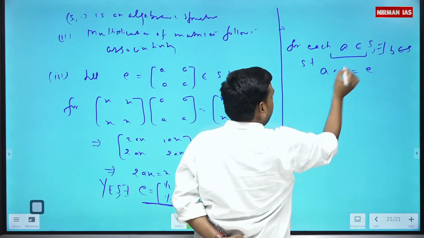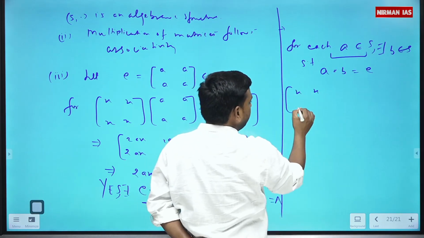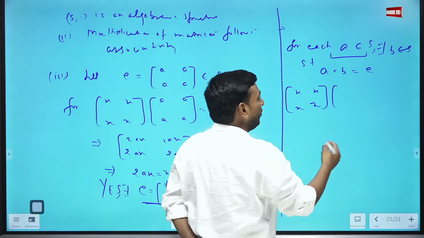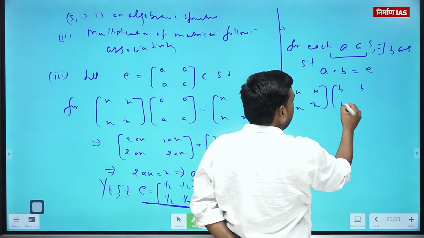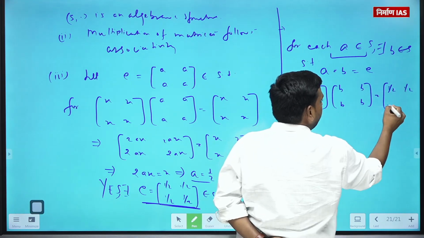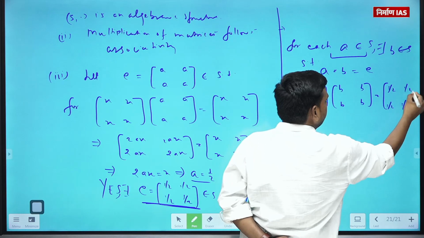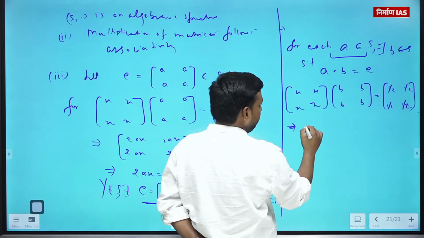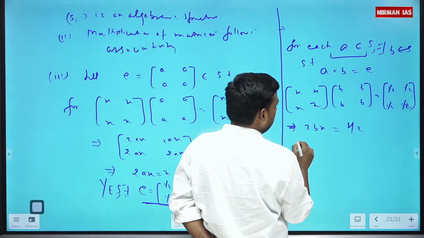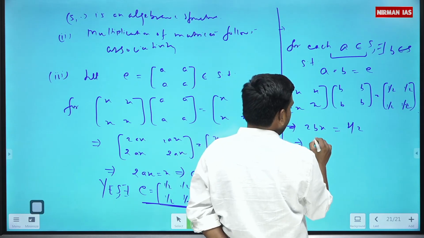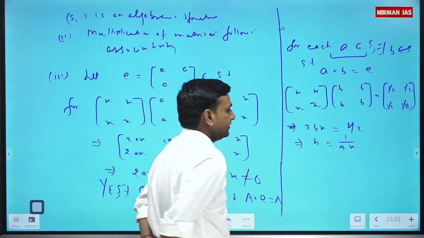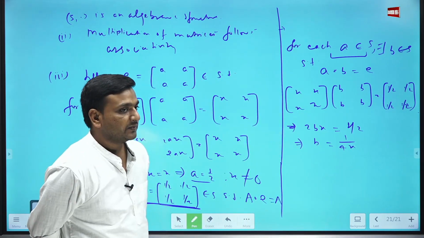So let's say I have this arbitrary element as this. I want to calculate what is that element B. Identity we already have from the third step. This implies 2bx equals 1 by 2, or this implies b equals 1 by 4x, or not.